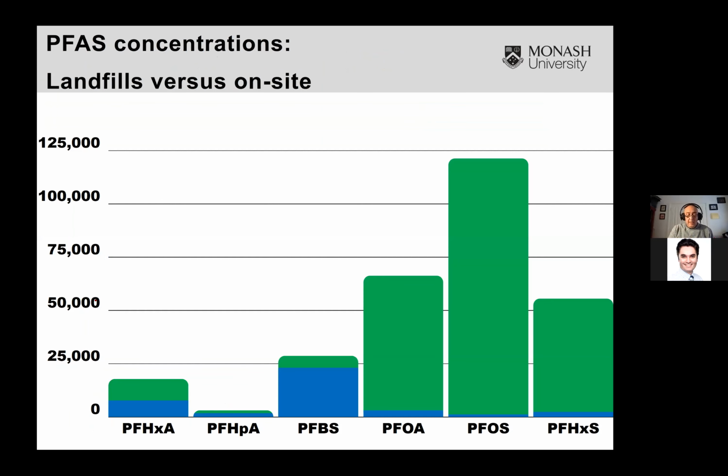Now, if we collapse some of these figures we have seen in the two previous tables into a diagram such as this one, what you have here are the concentrations in nanograms per liter. It becomes apparent that when it comes to the design of lining systems, you cannot have a one-size-fits-all approach.